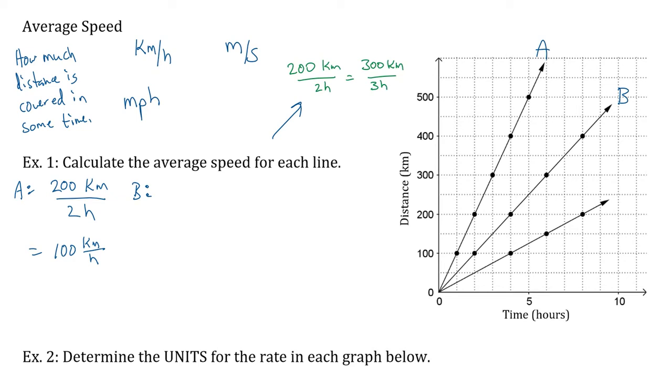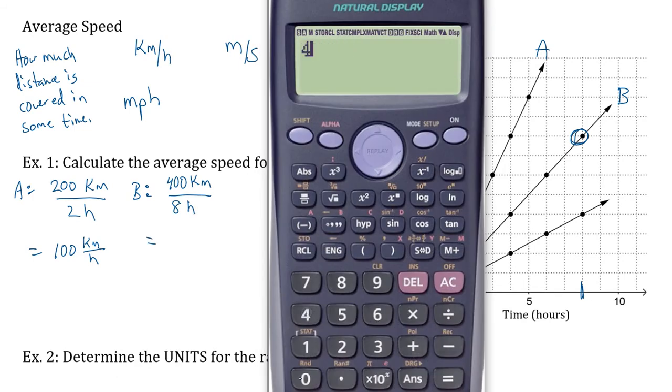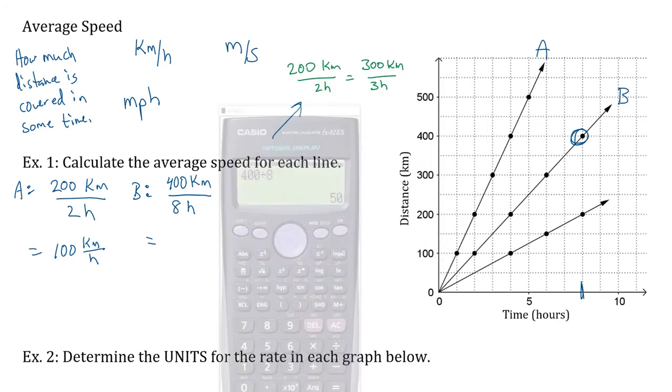I will pick this one here. Okay, so that's 400 kilometers in, following it down, that looks like 8 hours. So 400 divided by 8 is 50.